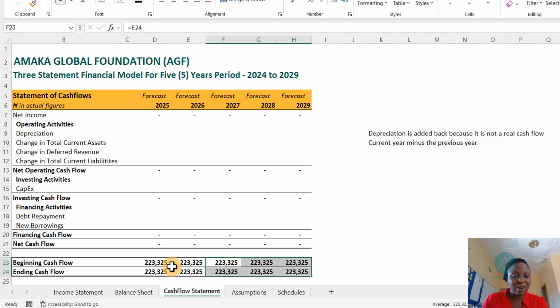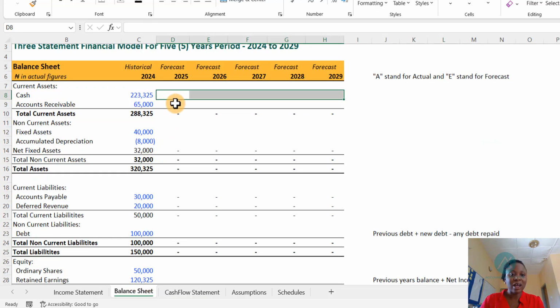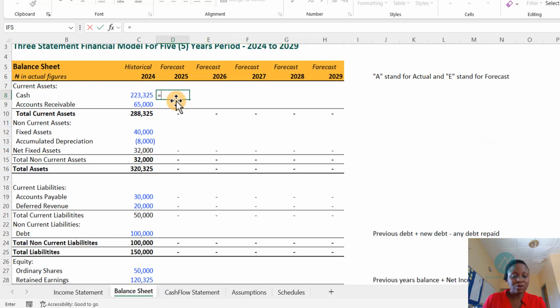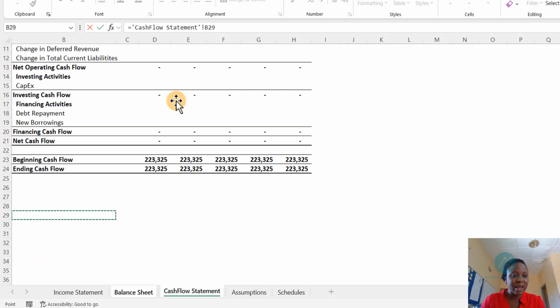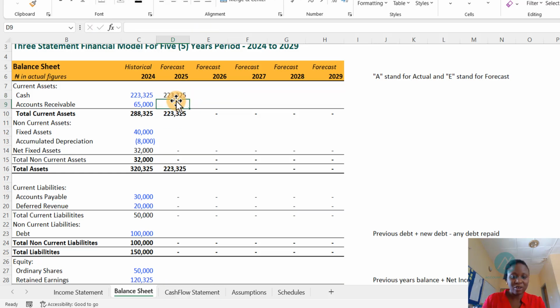This particular ending balance is what will be picked into our balance sheet. So we'll go back to our balance sheet and type equals, then go back to your cash flow statement and pick the ending cash balance. That will be what is in your balance sheet. You understand?